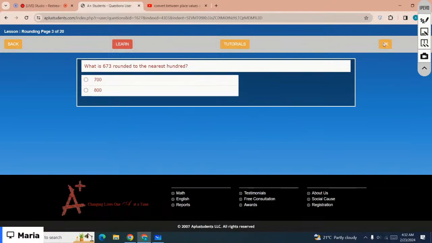What is 673 rounded to the nearest 100? So which is the correct option?